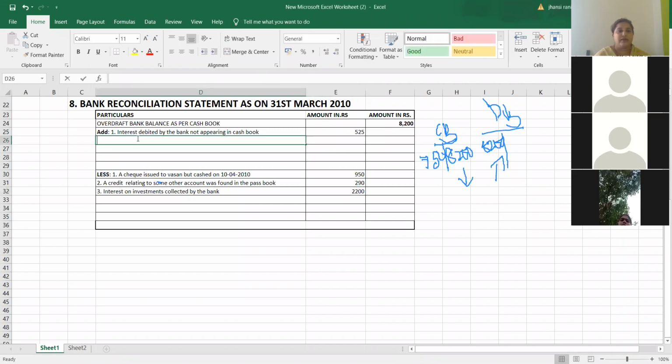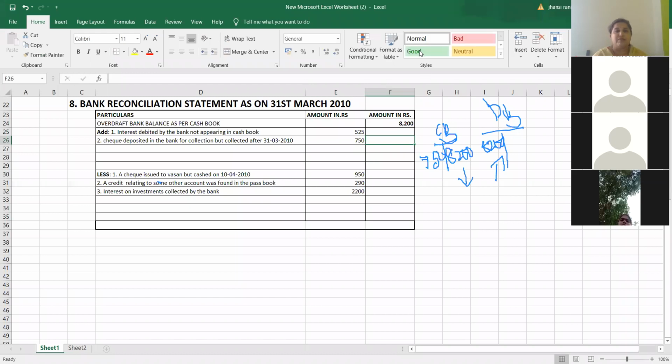So I'll write under add: check deposited in the bank for collection but collected after 31st March 2010, and the amount is 750. Yes, please total up and tell me these amounts.